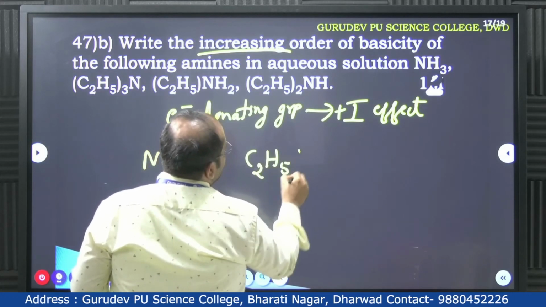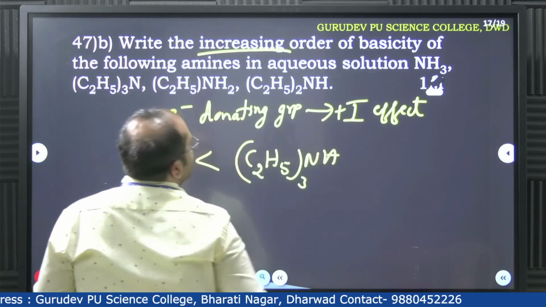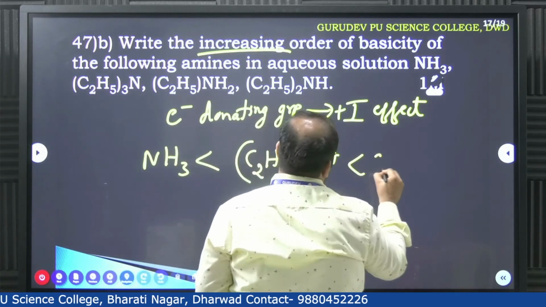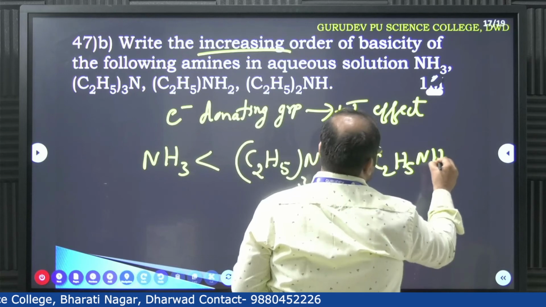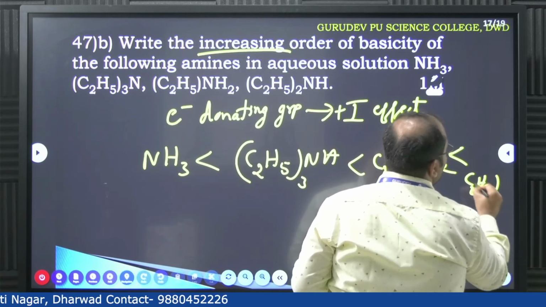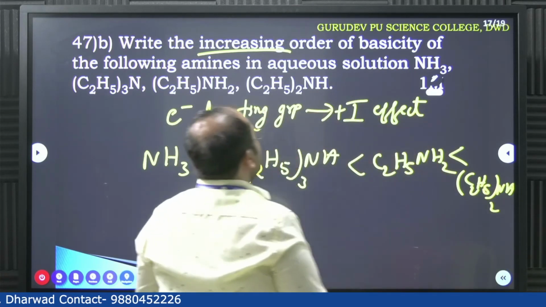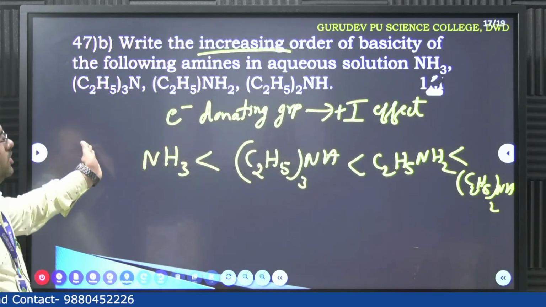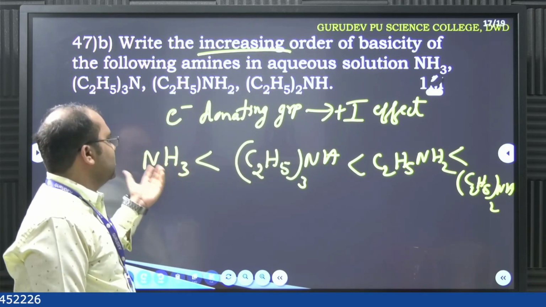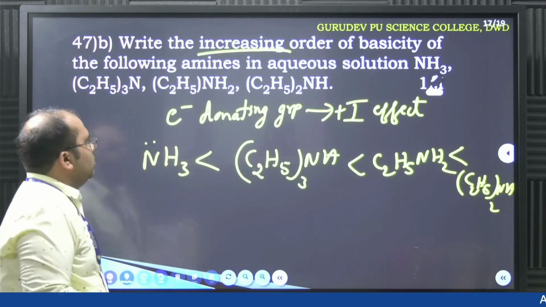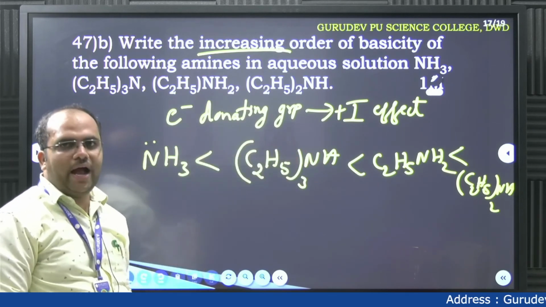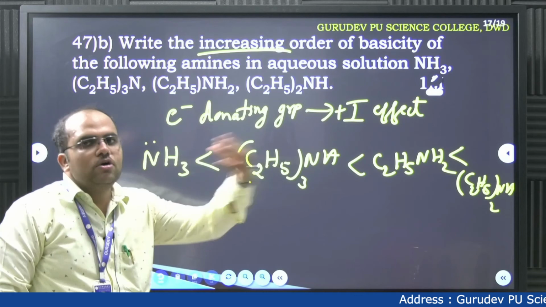Then the ethyl group, three ethyl groups, takes the next position, then C2H5NH2, and at last (C2H5)2NH. On the basis of electron donating groups, ammonia has a lone pair of electrons which it donates, and with the plus I effect, that is the inductive effect, the groups are ready to donate electrons.